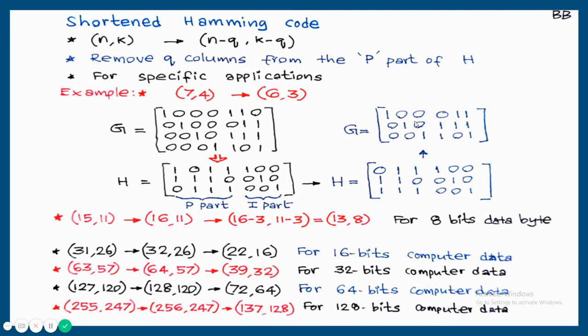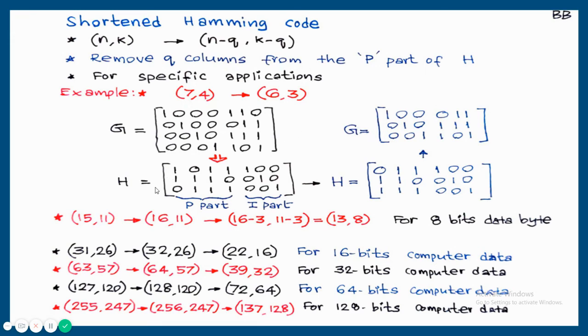Transpose of this will be here and then the identity matrix. 011 will be the first row, 111 second row, 101 third row. So if this is P transpose, this will be P. And then the identity matrix. So this will be 3 rows, 6 columns, that is the 6,3 shortened Hamming code.